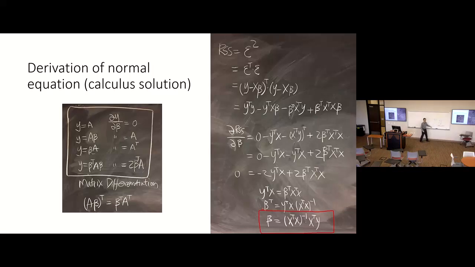You can estimate using this, but in reality, you do some tricks. You do X transpose, this big matrix, you transpose and multiply by itself. Then you take the inverse of this, and then you multiply by X transpose times Y. This will give you the beta.